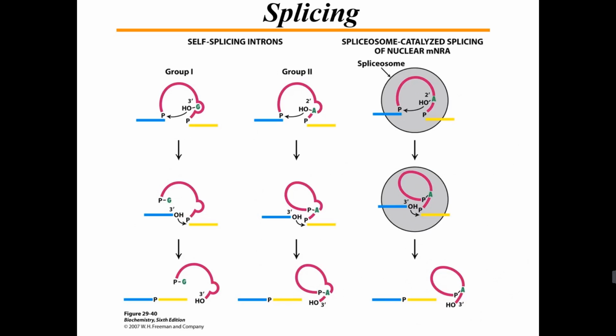And again, just a reminder, we have the group 1 and the group 2 self-splicing introns that were discovered. And in both cases, if we remember, for the group 1 and for the group 2, we have the joining of exon 1 and exon 2 together through 2 transesterification reactions, much similar to what we saw with the external spliceosome.